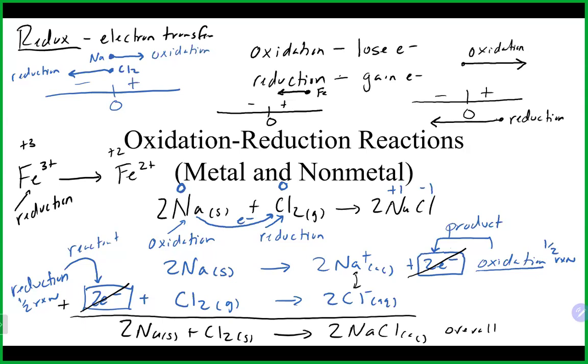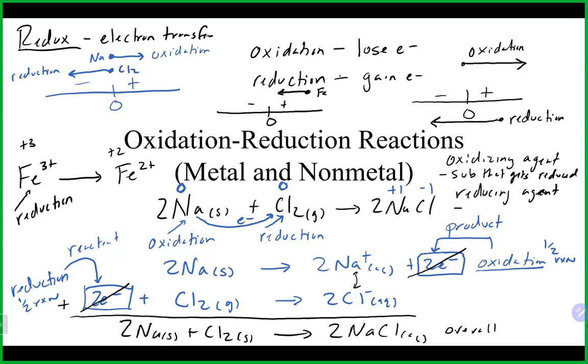Now, with that, there are two other terms that are sometimes used when we talk about redox reactions, and those other terms are oxidizing agent and reducing agent. The oxidizing agent is the substance that gets reduced.